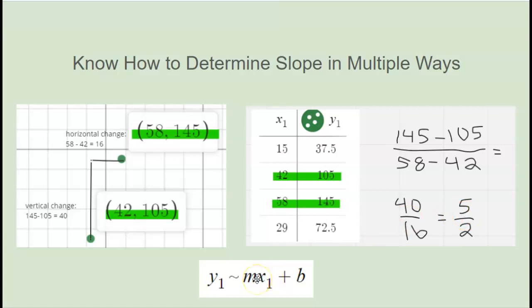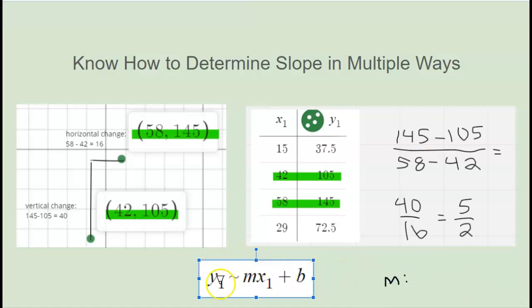You also know a third way to find out what the slope is, in that you can type this equation into Desmos, but instead of the equal sign, you use the tilde, and then you put the ones behind the x and the y. There will be a little indicator down at the bottom of the screen in Desmos that will tell you what the slope is.